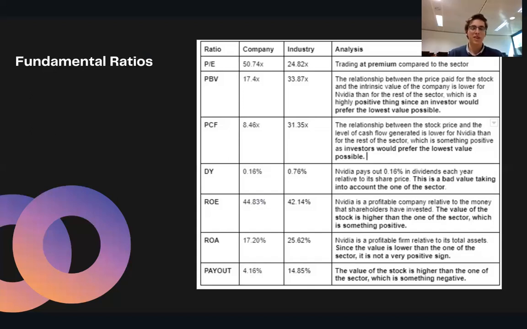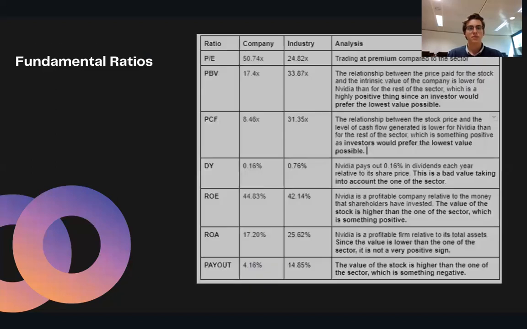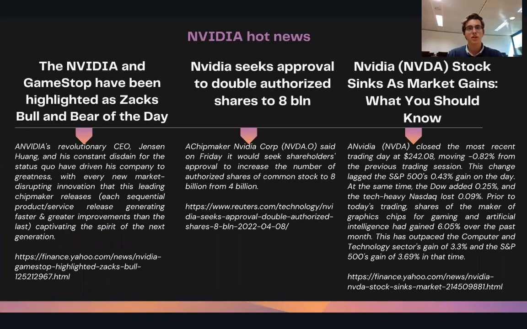Well, they are relevant, but we can expect those numbers to improve, or at least to generate a profit in the long term. Now, regarding some news on NVIDIA, this company has suffered what we call a bear market in finance.